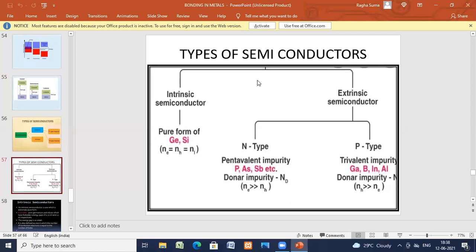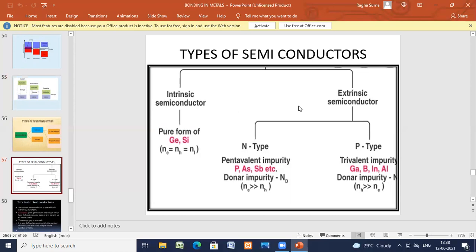Now there you can see the applications. So first we'll see the types of the semiconductors. You have intrinsic semiconductors and extrinsic semiconductors.